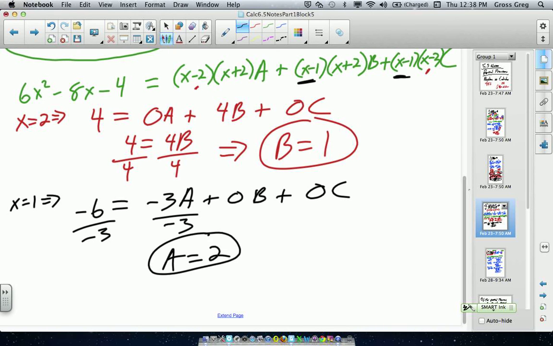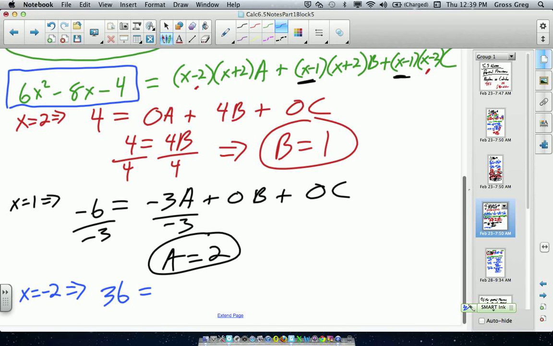And now the only one left to figure out is c, and to do that, we'll let x equal negative 2. So 6 times negative 2 squared minus 8 times negative 2 minus 4 equals 36 on the left. I'm just plugging into the 6x squared minus 8x minus 4 to figure out the left side.